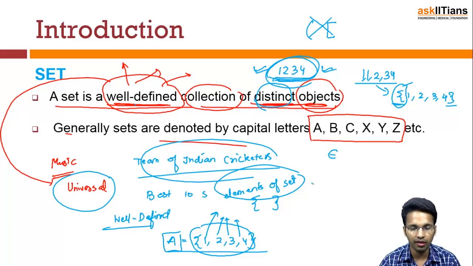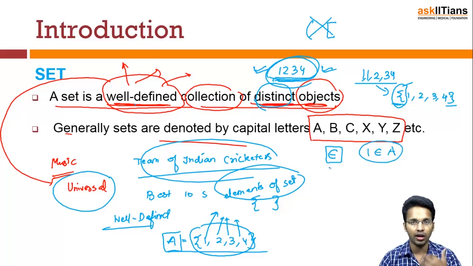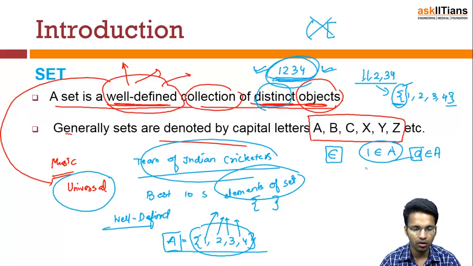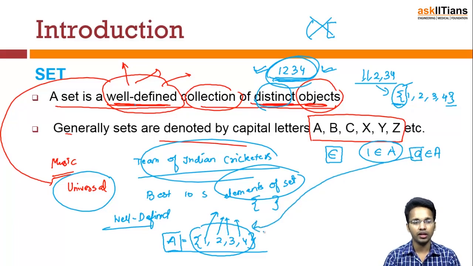This symbol means belongs to. If I want to say 1 belongs to A, this is how I write it. If I want a general element, which I represent by a small alphabet, it will be a belongs to A, capital A. Now this is a general element for which you can use the following conditions.